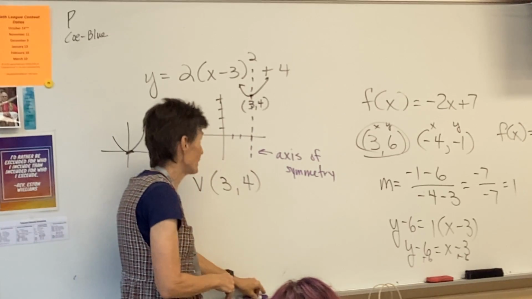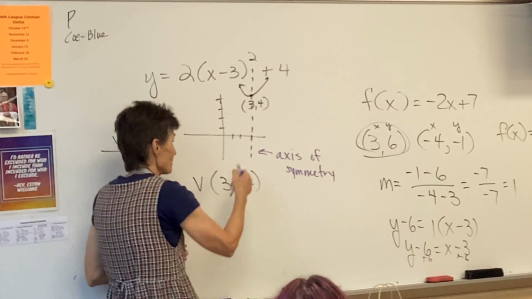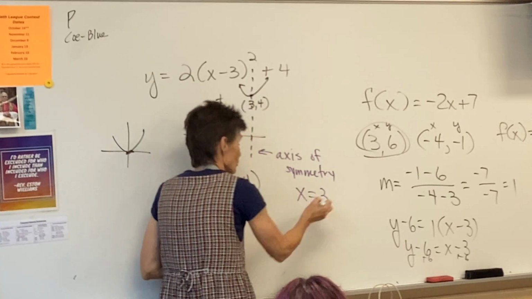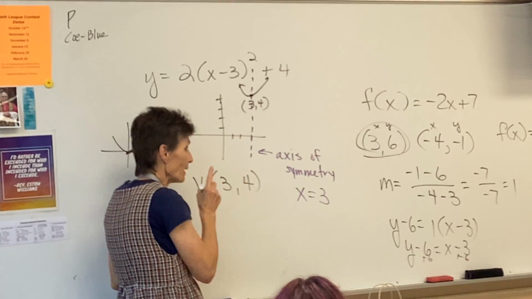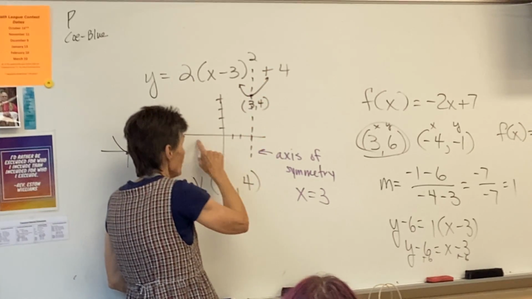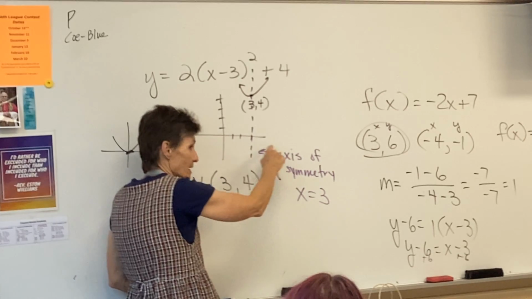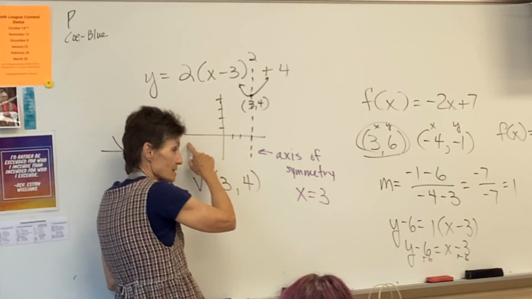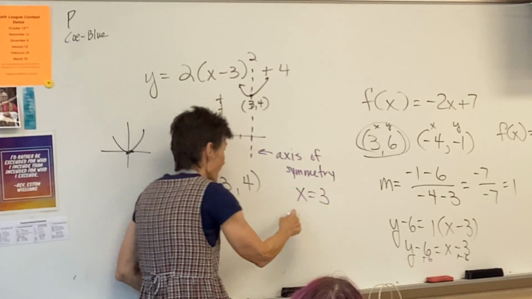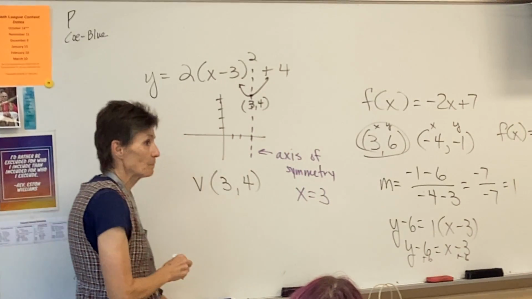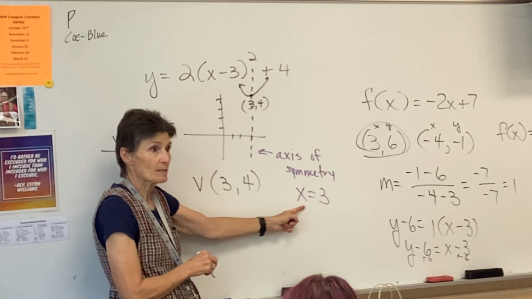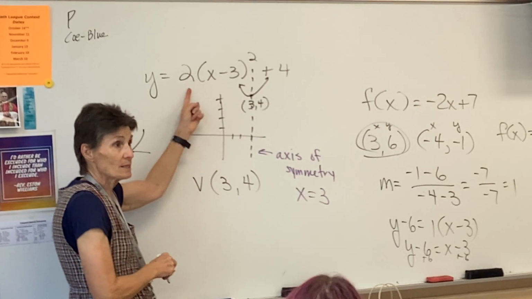The equation of the axis of symmetry is x equals 3. How do I know that? When I draw that axis of symmetry, which axis does it cross? X. Where does it cross? At 3. Hence, x equals 3. So there's my vertex, there's my axis of symmetry, and it opens up.